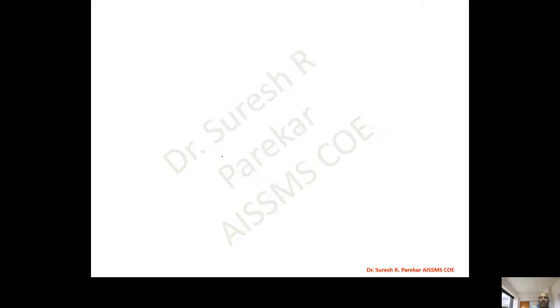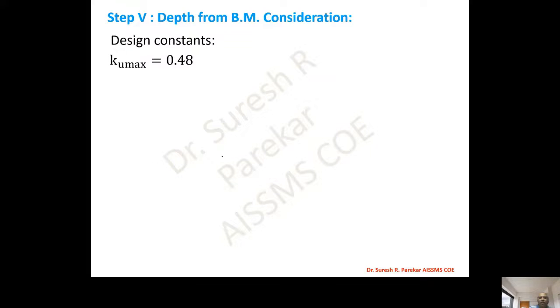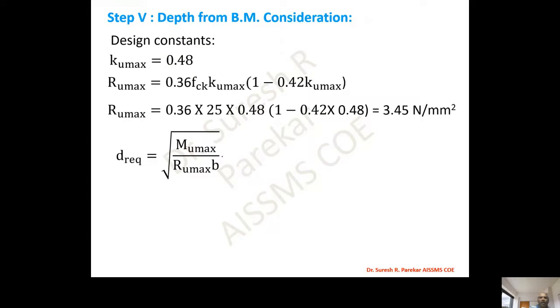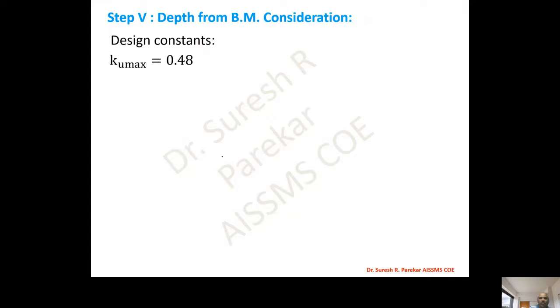And then in the same way we find the depth from the bending moment consideration. We have Ru max 3.45 for M25 Fe 415, and then we have this value 115.62.